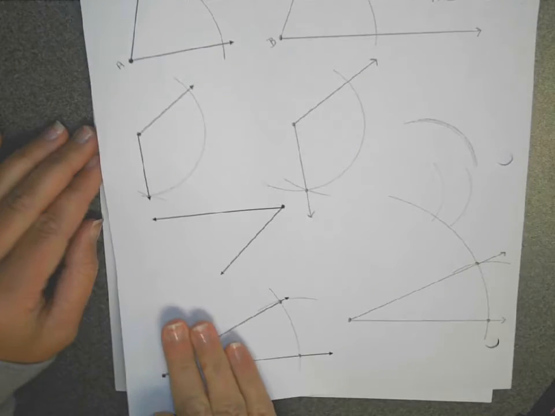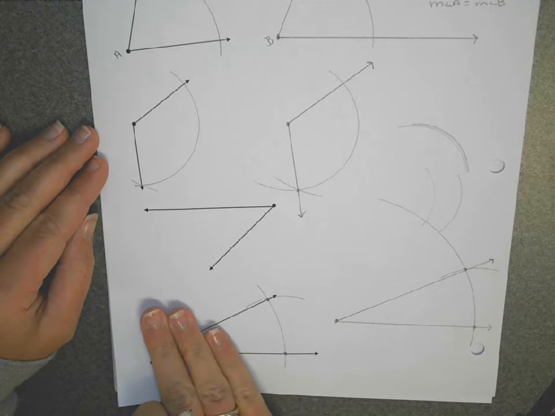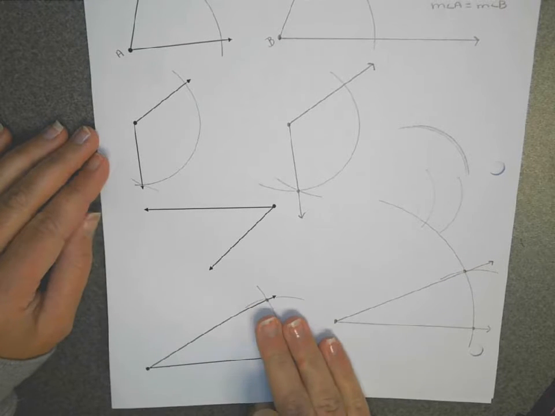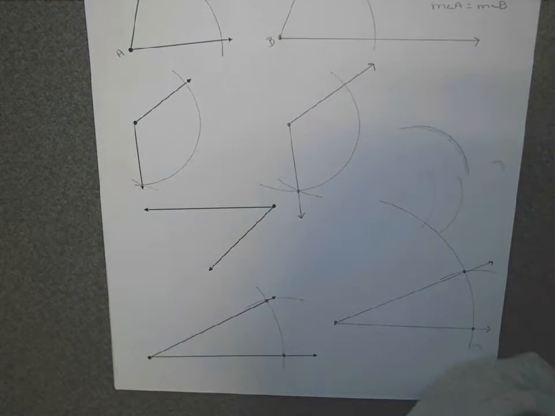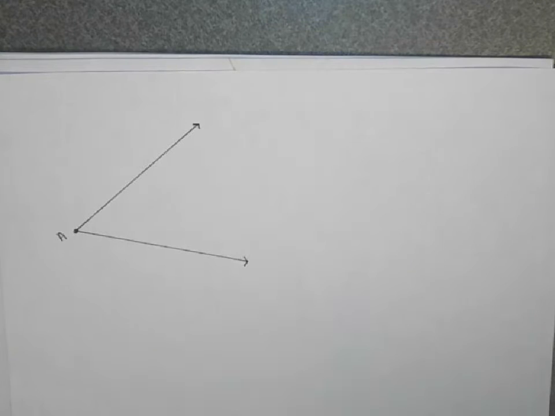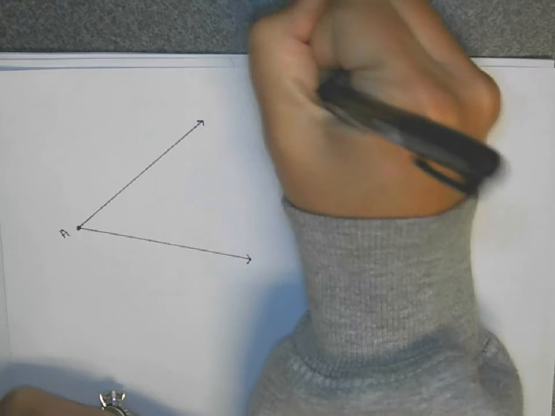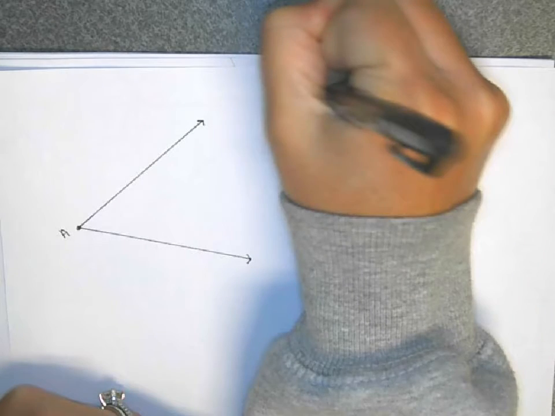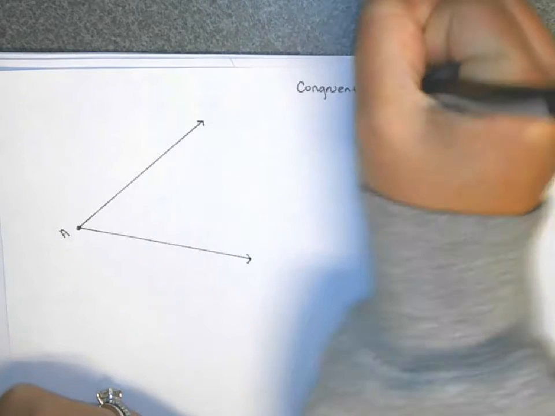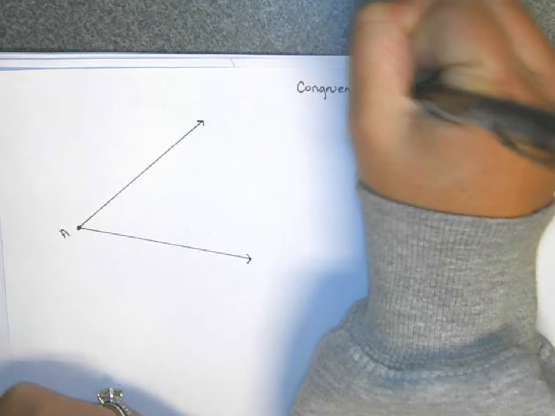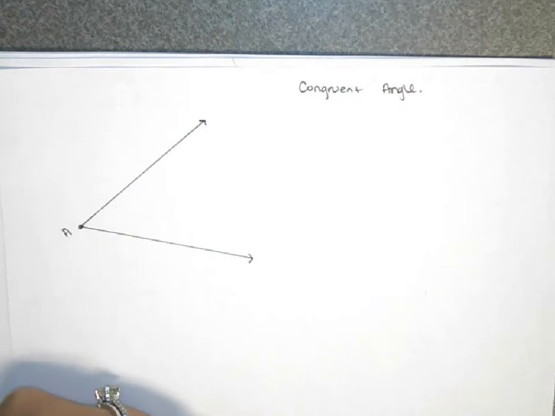On the back side, you have the congruent angles. So let me actually get a different one here. Okay, here I have an angle A, and what I want to do is create a congruent angle. That's what I'm looking for, a congruent angle.